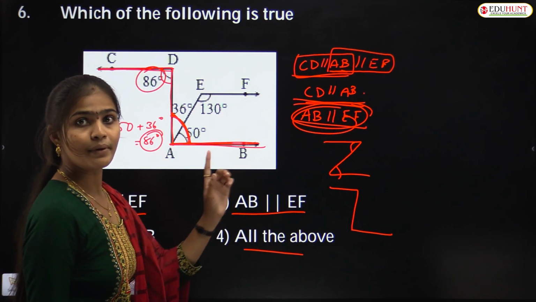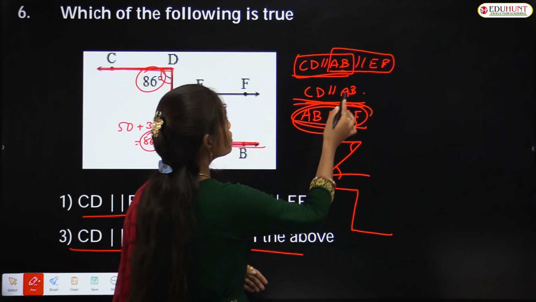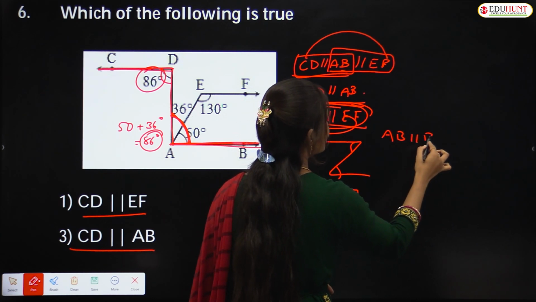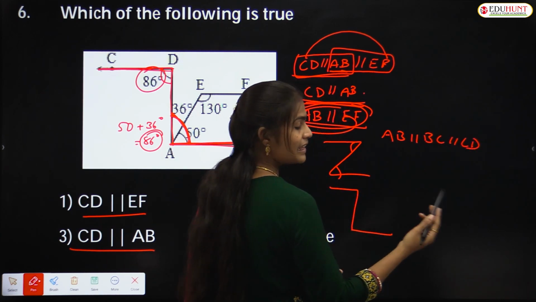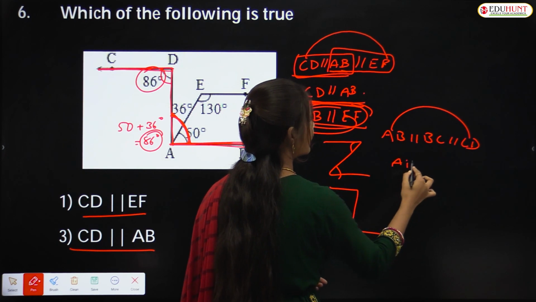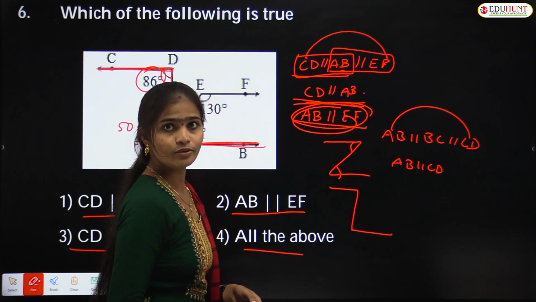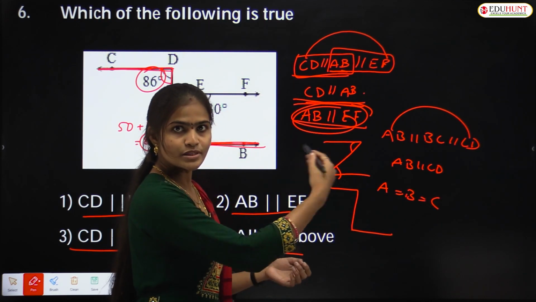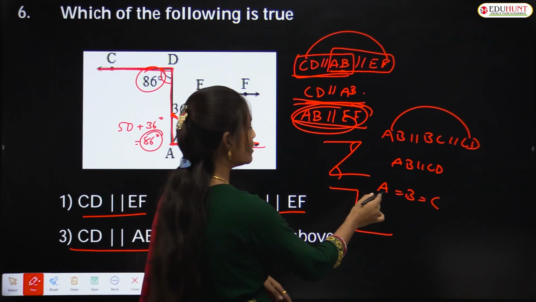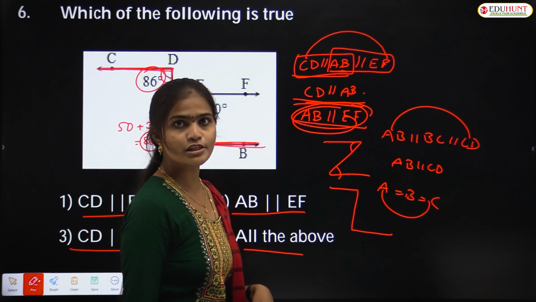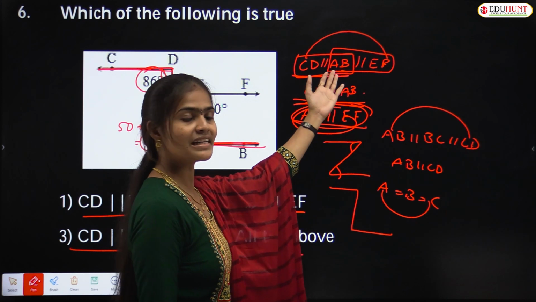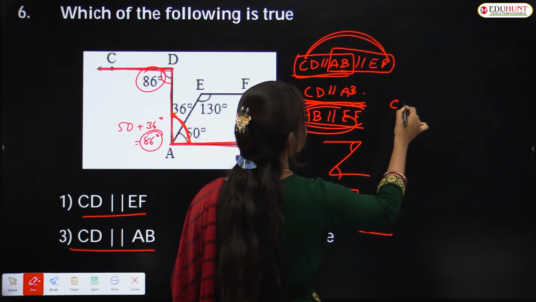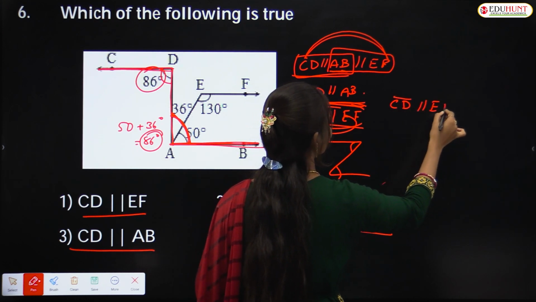When you combine those two conditions together, it is like saying if A is parallel to B and B is parallel to C, then A is parallel to C. Yes or no? Why? Because of another condition: A value is equal to B, B value is equal to C, so A is equal to C. By applying the same condition here, we can say that CD is parallel to EF.